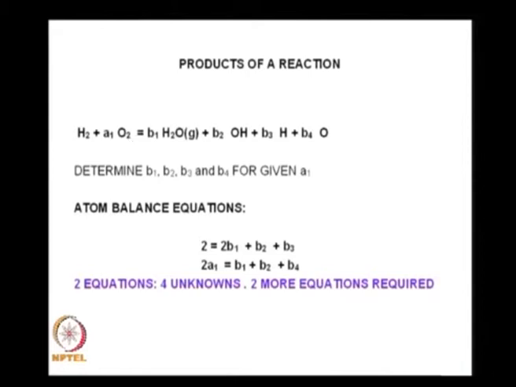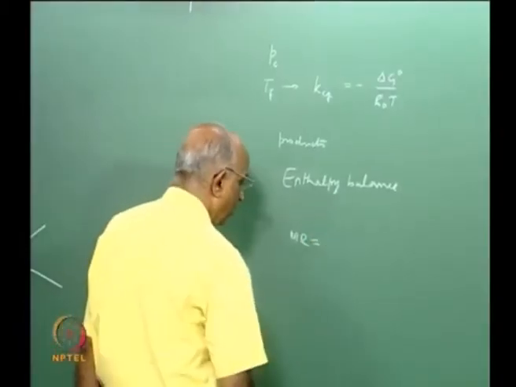Therefore, to do this, I first need to know what must be my value of A1. How do I get A1? Mixture ratio is specified. Mixture ratio is mass of oxidizer to mass of fuel, and we saw in the last class that the mixture ratio for a reaction involving H2 plus A1 O2, the mass of oxygen is 32 into A1 divided by 2, which is 16A1. 16A1 is the mixture ratio, and if the mixture ratio is specified, we said it must generally be fuel rich.